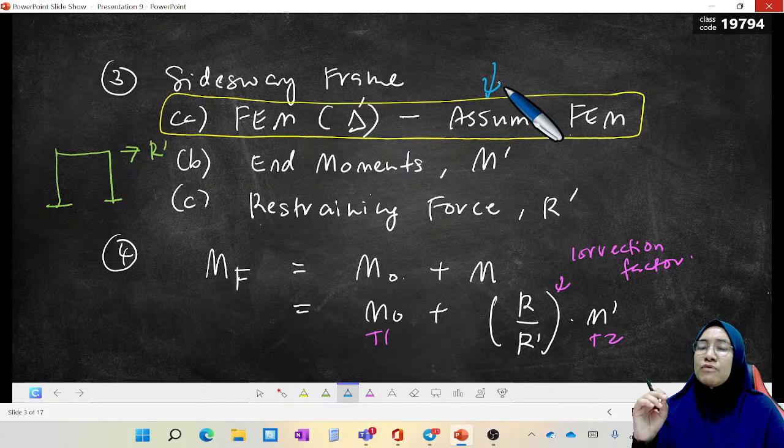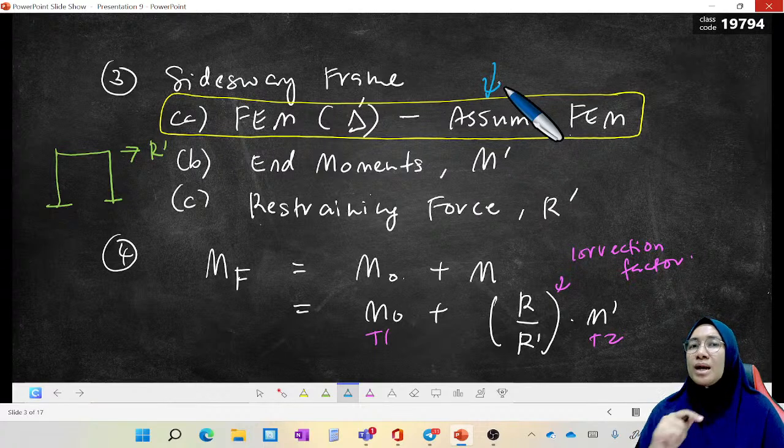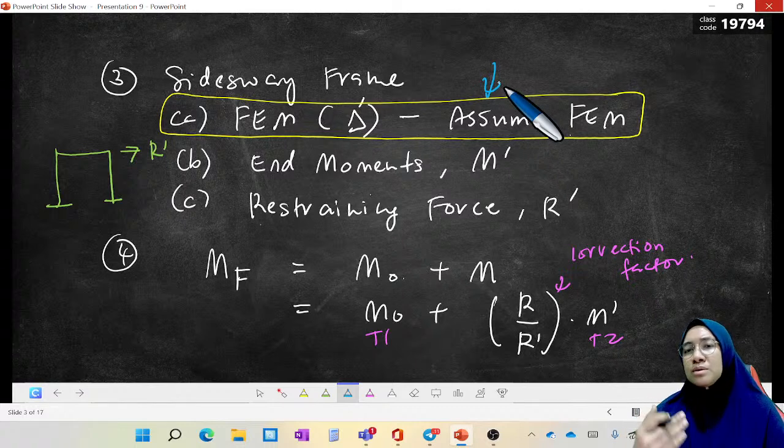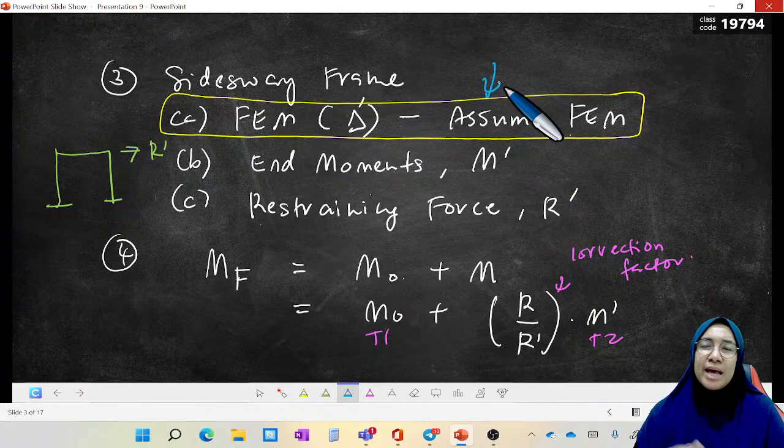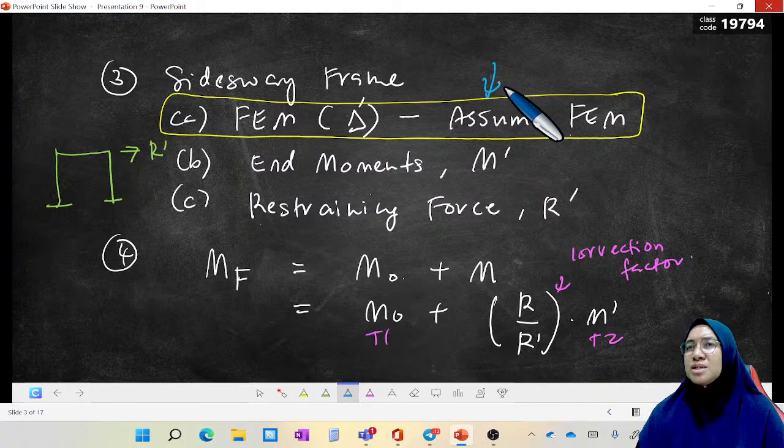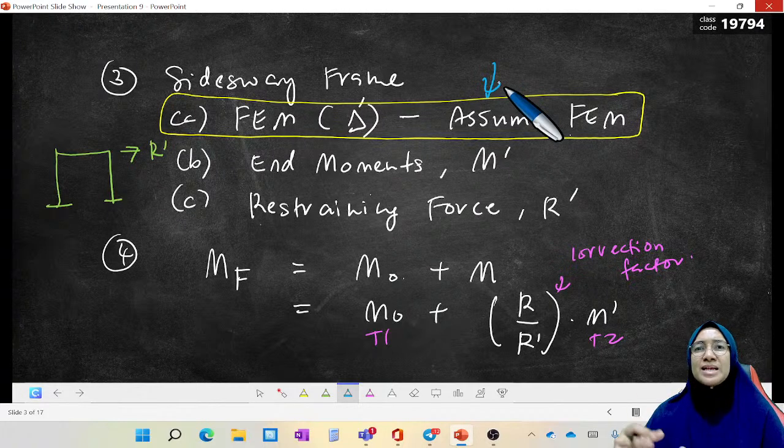So after this we will focus only on step 3A. I will guide all of you on how to understand this 3A step, how to assume the sign convention of the FEM that we assume, and then how we can analyze it easily.